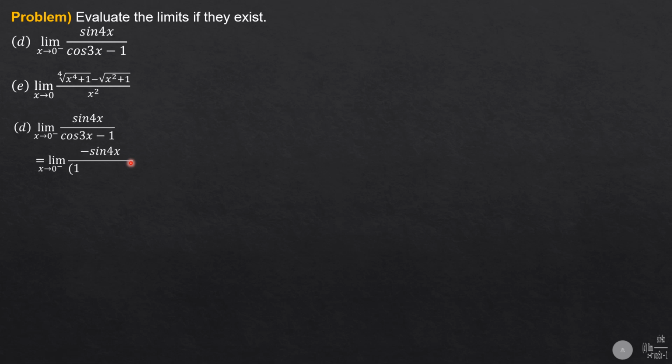So limit of negative sine of 4x over quantity 1 minus cosine 3x. And then we use the identity for 1 minus cosine 3x, which is 2 sine square of 3 halves of x.